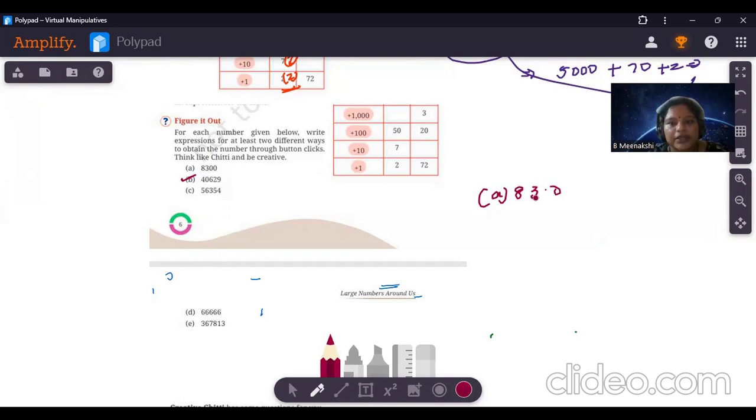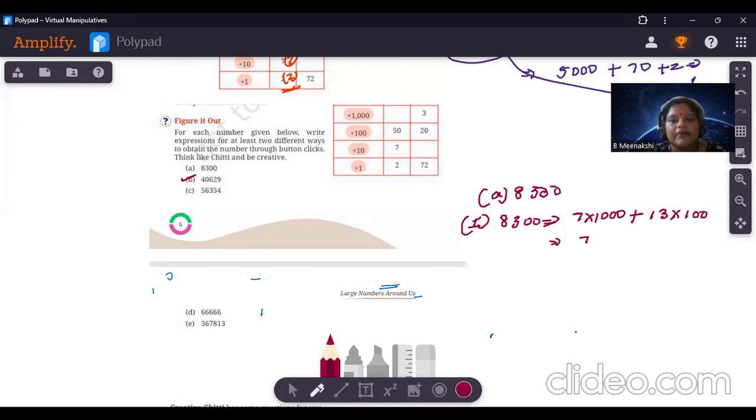Look at the question first. For each number given below, write expressions for at least two different ways to obtain the number through button clicks. So think like Chitti and be creative. So 8300. The first way is 7 into 1000 plus 13 into 100.